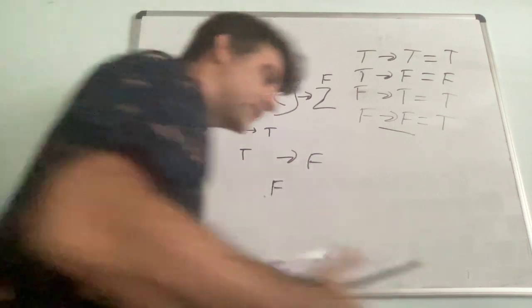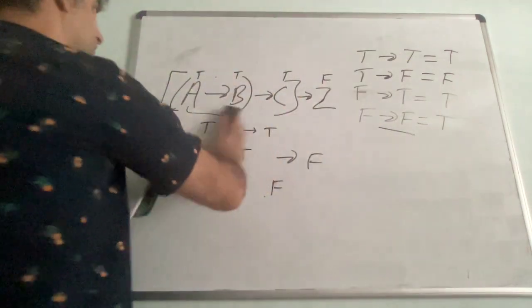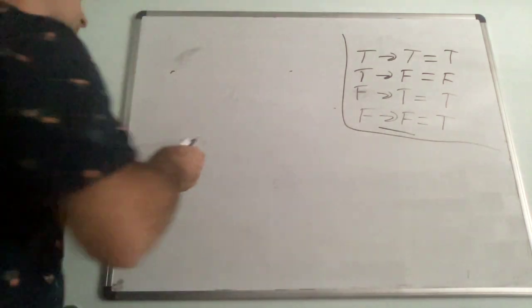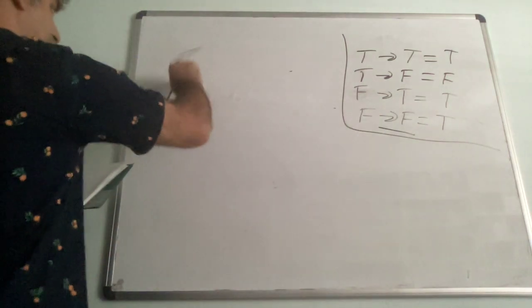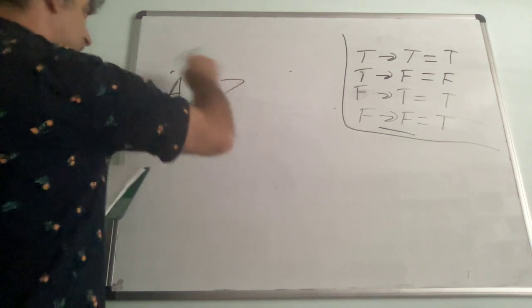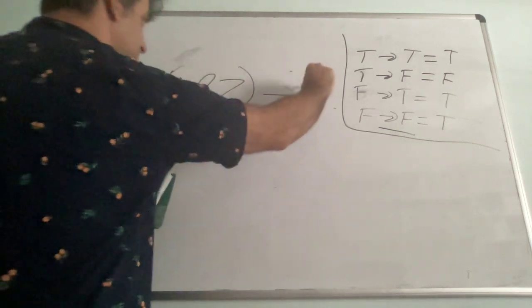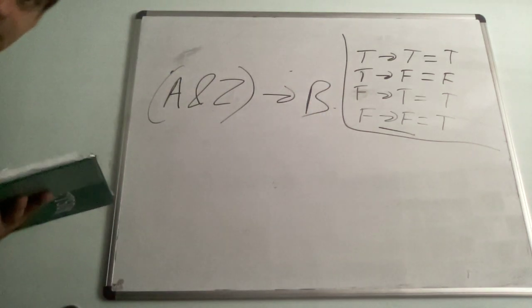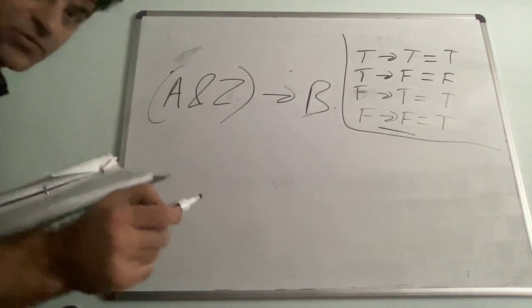Okay, last thing: a mix of arrow statements with other connectives. Put this off to the side here: A and Z, parentheses, implies B. Same deal. Follow your connector rules.